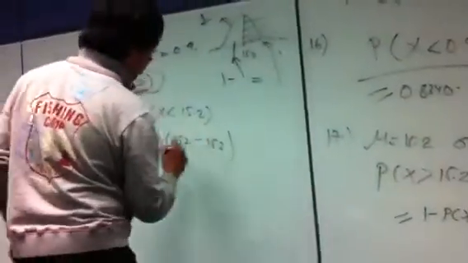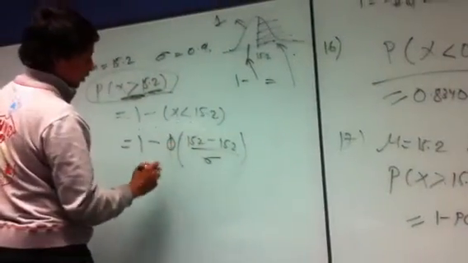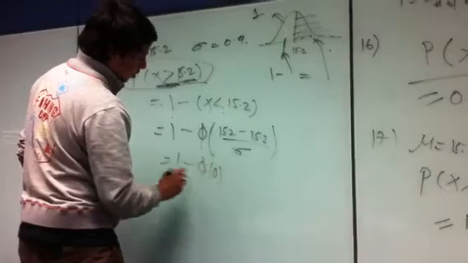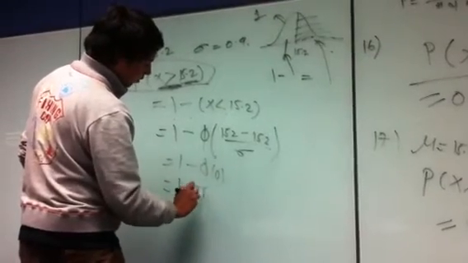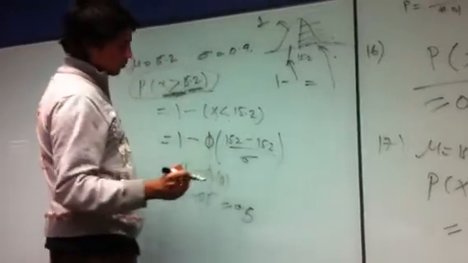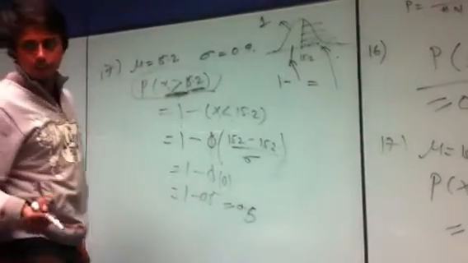Yeah. Okay, so it's going to be 0, right? Yeah. So phi of 0. 1 minus phi of 0 is 1 minus 0.5, it is 0.5. 0.5 is the answer. Is there 0.5 in there?